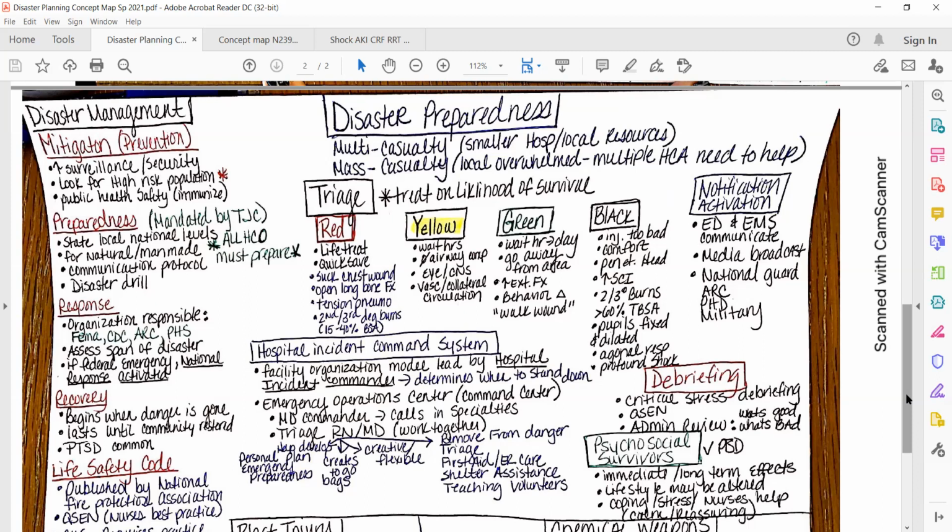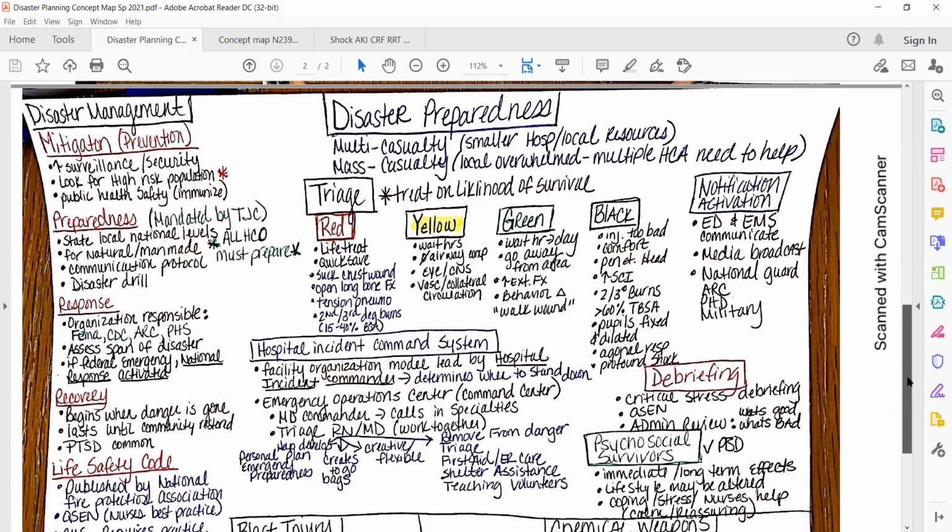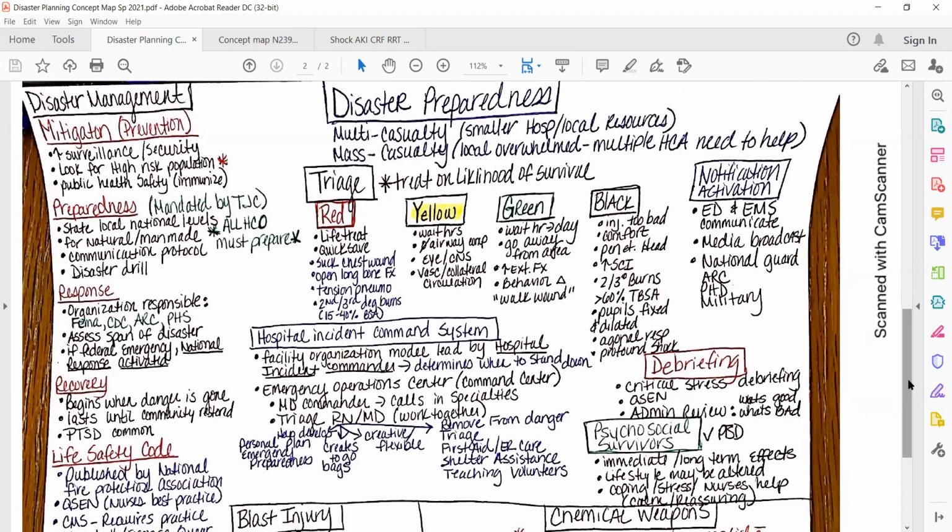So don't forget, when we look at this, we talk about all the things that we've learned, because we've talked about all the devastations from COVID, but let's talk about what we've learned. You guys have actually kind of lived through this in some sense, right? So, mitigation or prevention. Increasing surveillance and security. Look for the highest risk population.